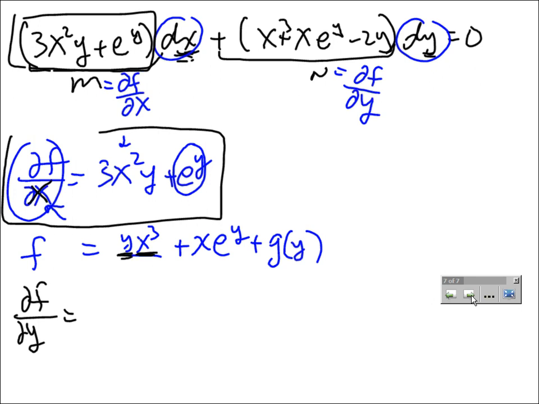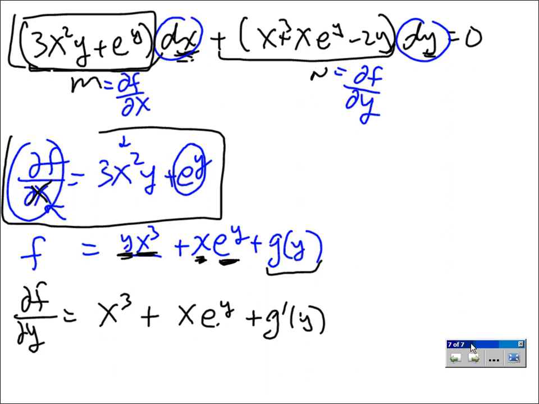The derivative of y times a constant is just a constant. Plus, x is a constant, it stays. The derivative with respect to y of e to the y is e to the y. Plus, that's a function of y, its derivative is g prime of y.